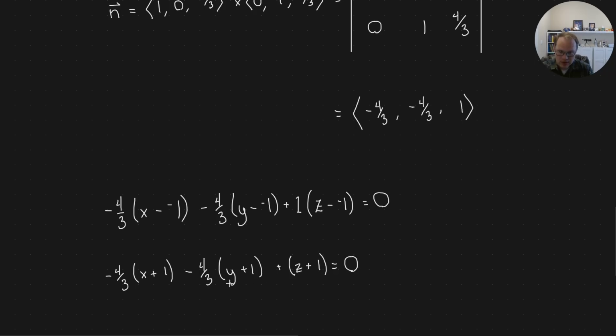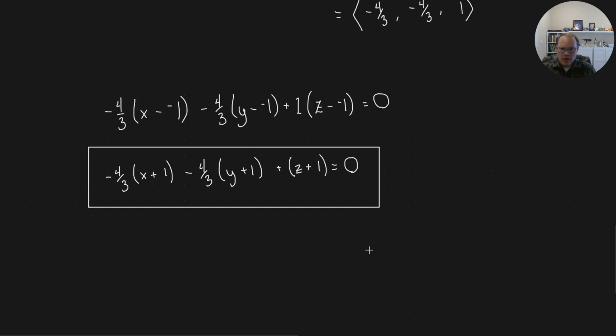And finally, the z component of my normal vector, and then z minus the z component of the tangent point. And so I get negative 4/3 (x plus 1), negative 4/3 (y plus 1), and (z plus 1) equals 0.